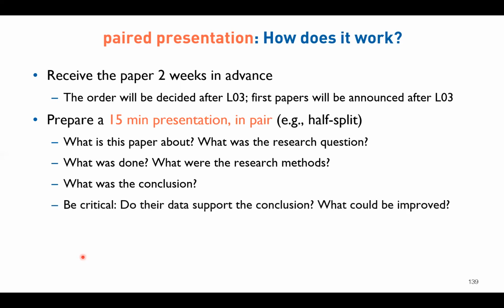And then I asked you to be critical when reading the paper and when preparing for the presentation. You can be critical in the sense that you can ask, do the data support that conclusion? And if you were about to do this experiment, because some papers are from a few years ago, what can be done a little bit differently?